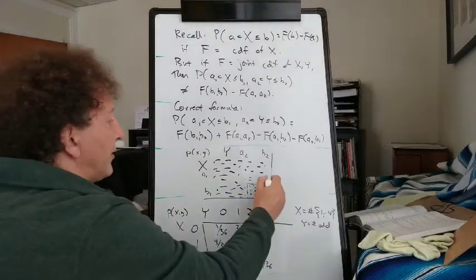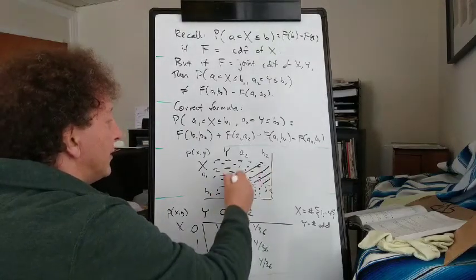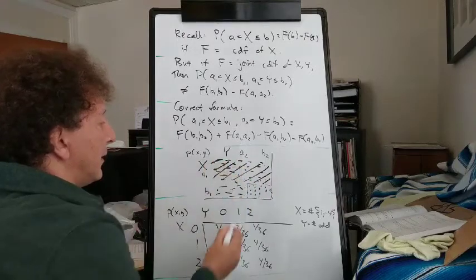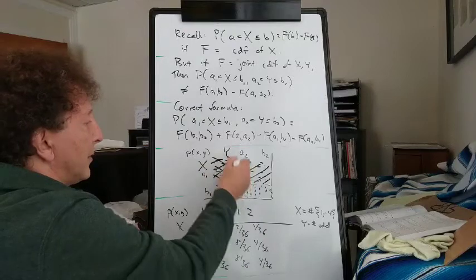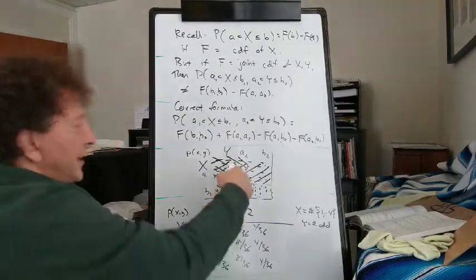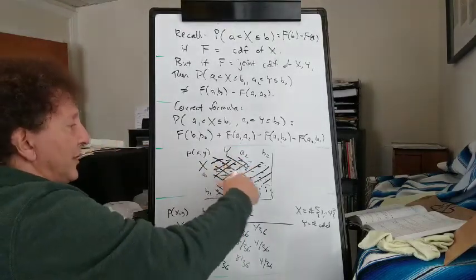And then if we subtract off this region and subtract off this region, then we subtracted off things in this region twice.